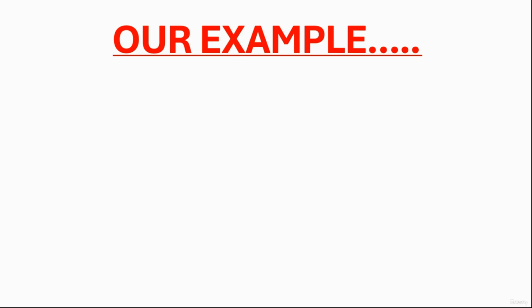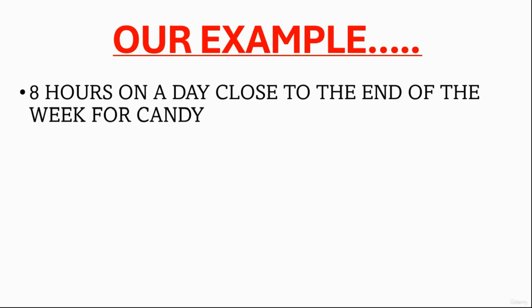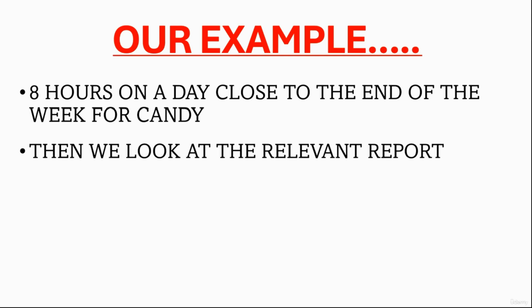So for our first example, let's imagine Candy worked 8 hours on a day that's close to the end of the week for Candy, close to the end of the next pay period that we would be paying Candy. Once we enter the time slip, then we will look at the relevant report.